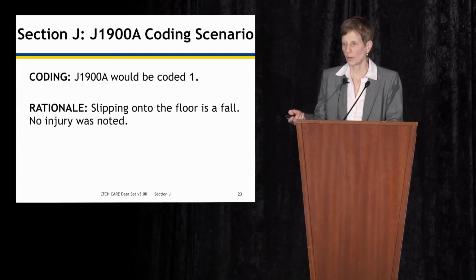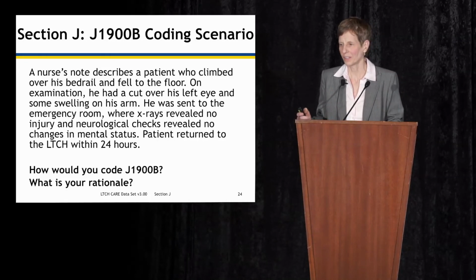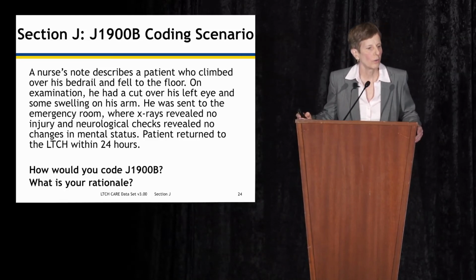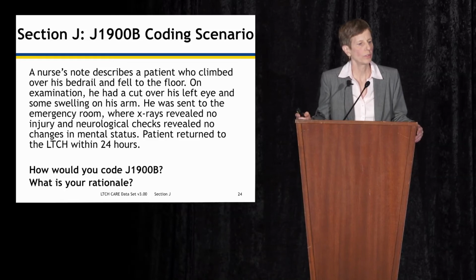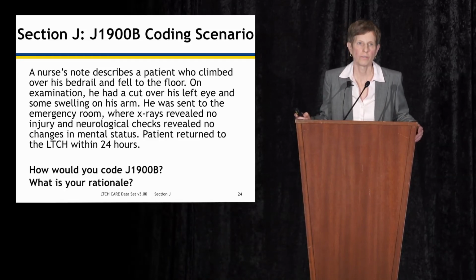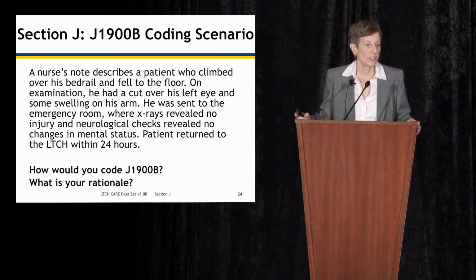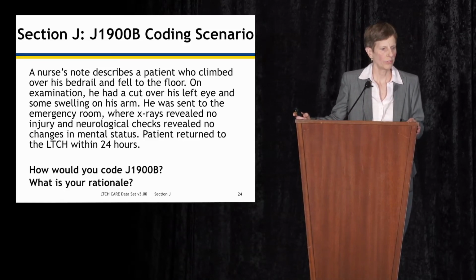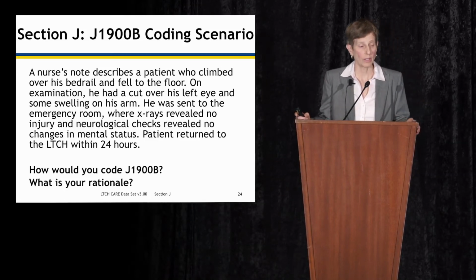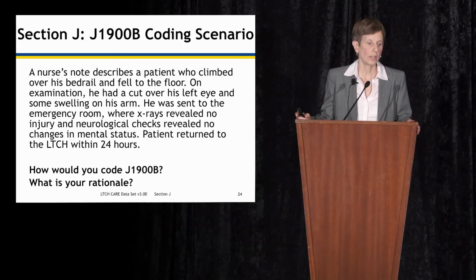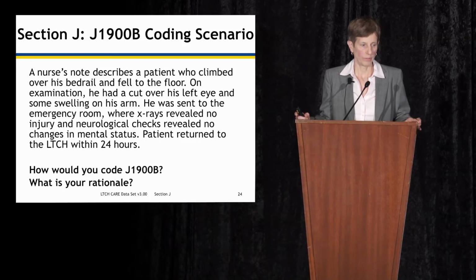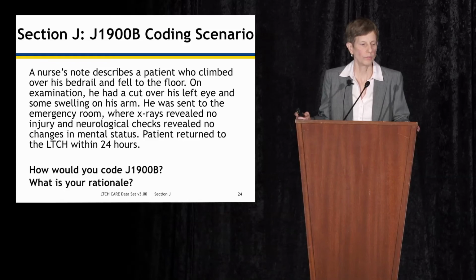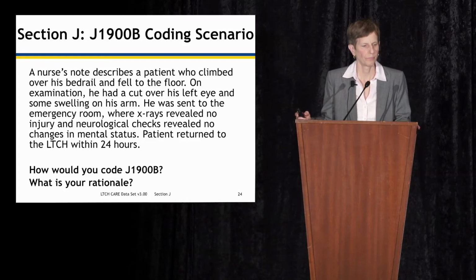Here's another softball scenario for you. I think you're going to get this one. The scenario reads, a nurse's note describes a patient who climbed over his bed rail and fell to the floor. On examination, he had a cut over his left eye and some swelling on his arm. He was sent to the emergency room where x-rays revealed no injury and neurological checks revealed no changes in mental status. Patient returned to the facility within 24 hours.